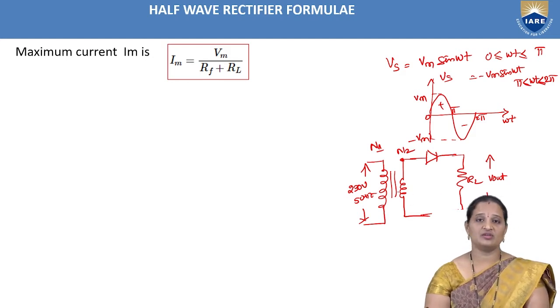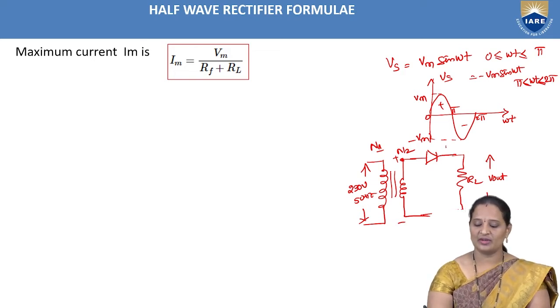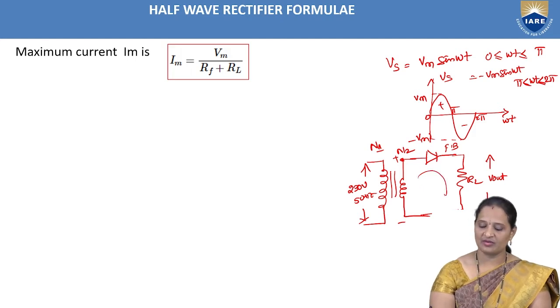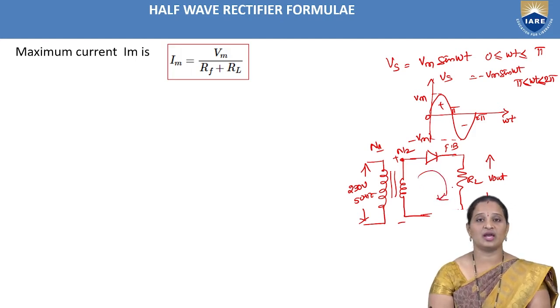When a sinusoidal voltage is given, during the positive half cycle this point becomes positive and this point becomes negative, and hence the diode is forward biased. As the diode is forward biased, current flows through the diode because it is short circuited, and hence current flows through the load resistor, which causes a voltage drop across the load resistor, considered as the output voltage.